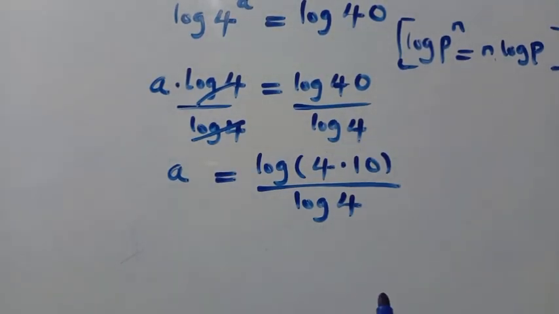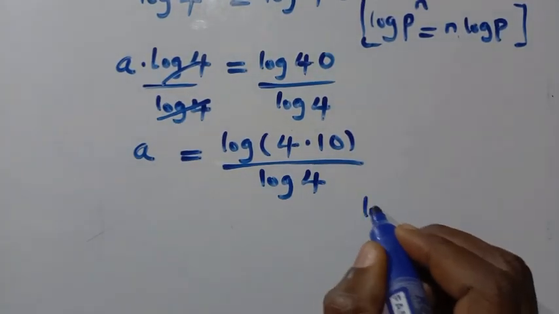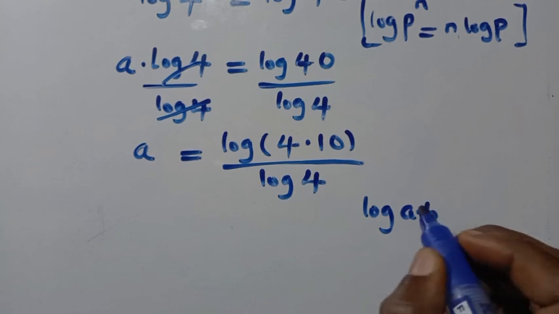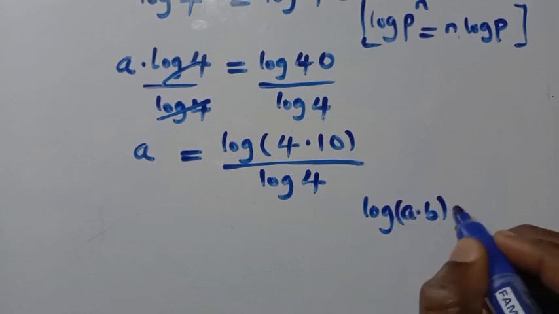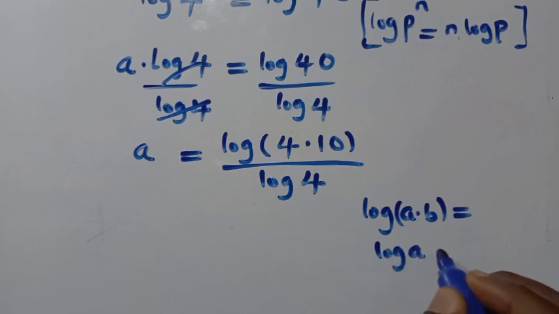So this is the product rule of log, and when we have log of a multiplied by b, this is equivalent to log a plus log b.